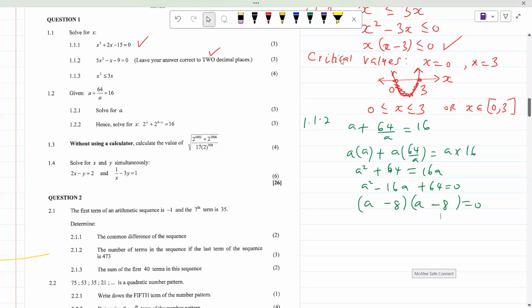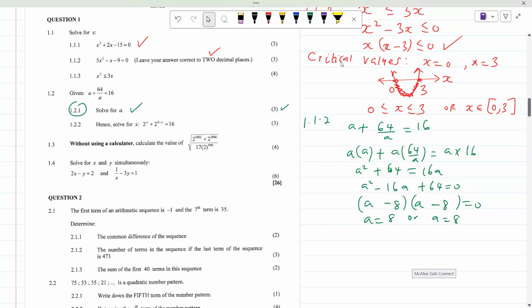But minus 8 minus 8 is minus 16. So these factors are correct, from which we're able to see that a is equal to 8 or a is equal to 8. So we've solved for a. We've answered question 1.2.1. We solved for a for 3 marks, and a is 8 or a is 8.